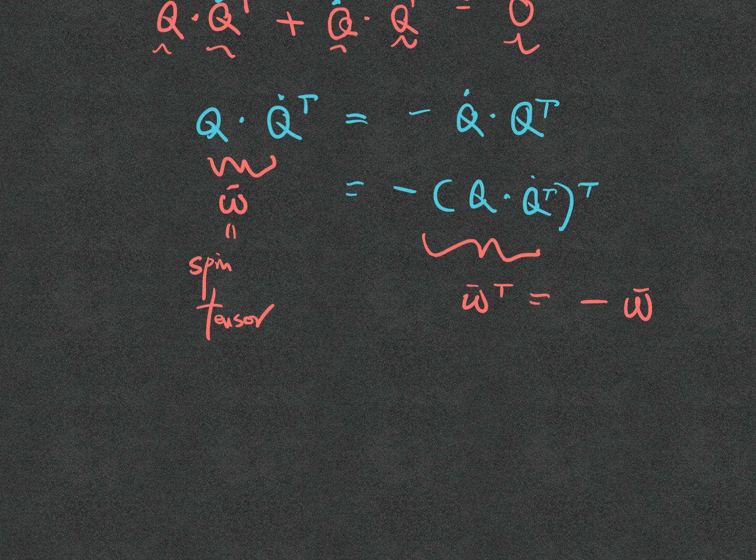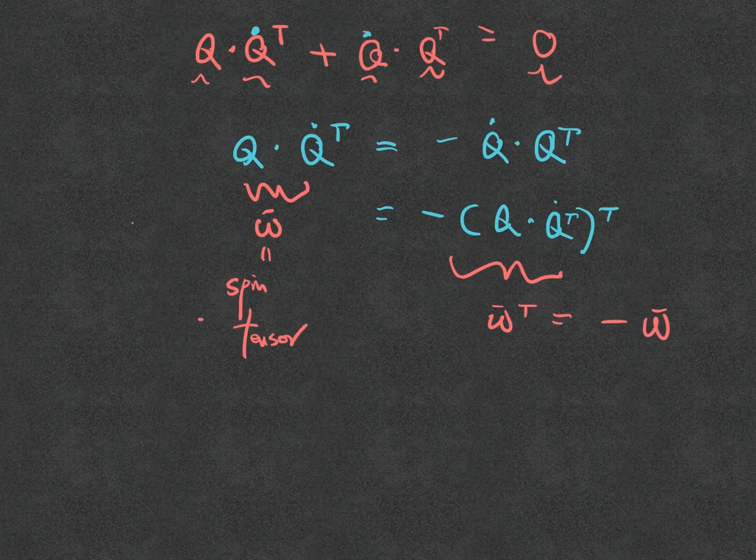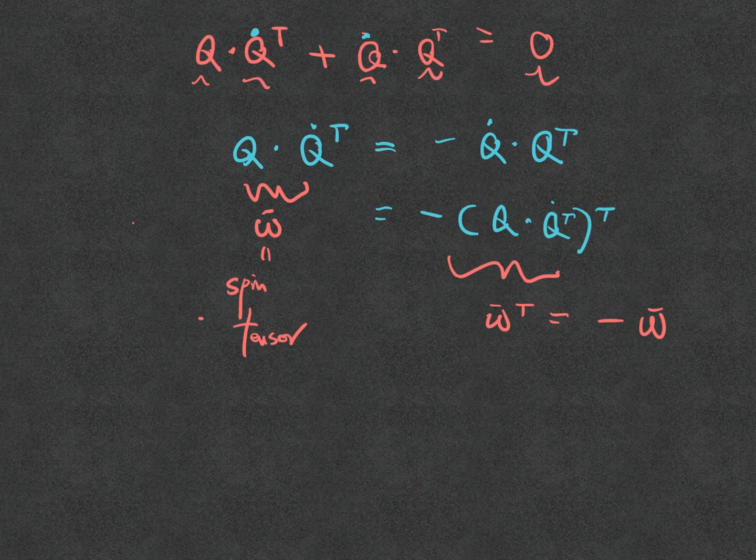This is one thing that is very important in group theory. The spin tensor is the Lie algebra of the rotation group, which is a Lie group. Each Lie group has a Lie algebra, and the Lie algebra allows you to perform operations and represent change of the things that are in the Lie group.